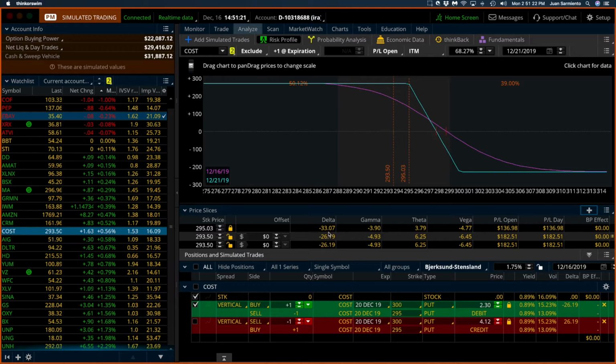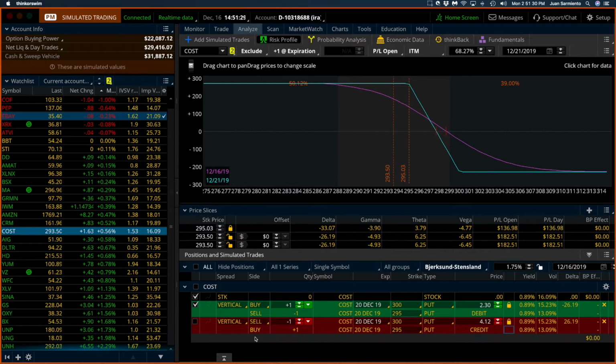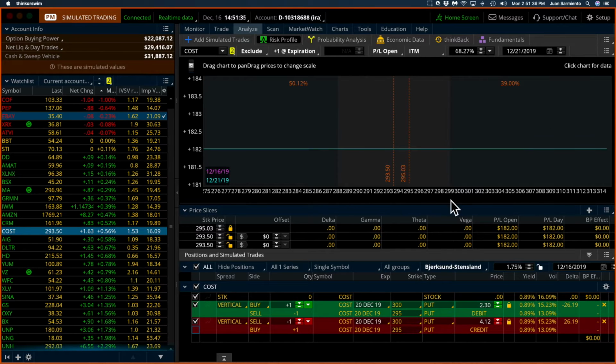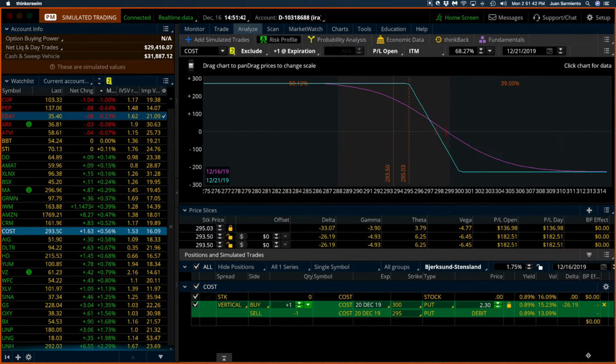You have a lot of delta risk when you're that close to expiration. So I'm gonna close the trade as is, okay, for $4.12 credit for a total profit of $182. Okay, so confirm and send. All right, and let's move on.